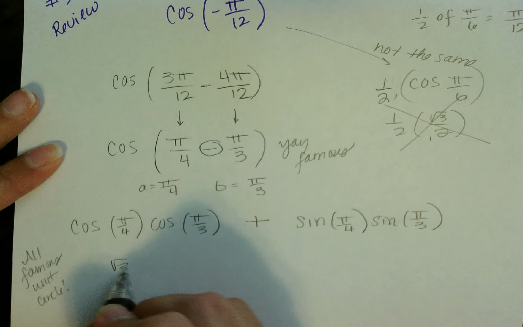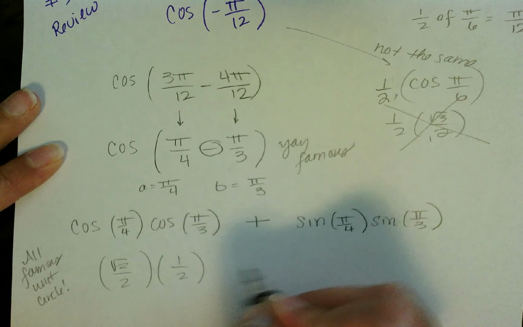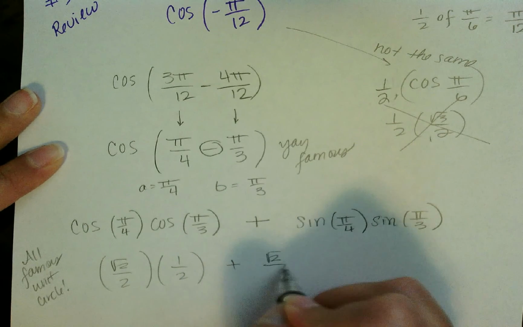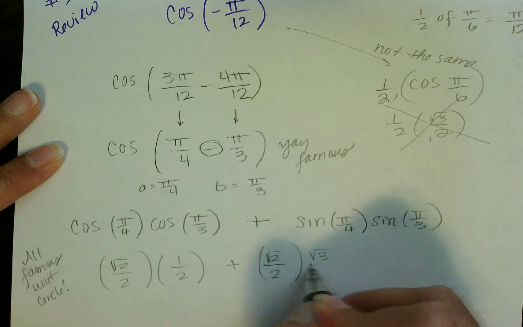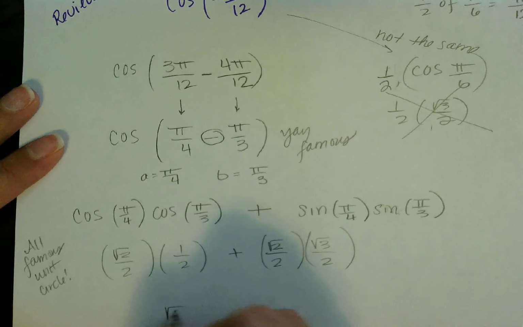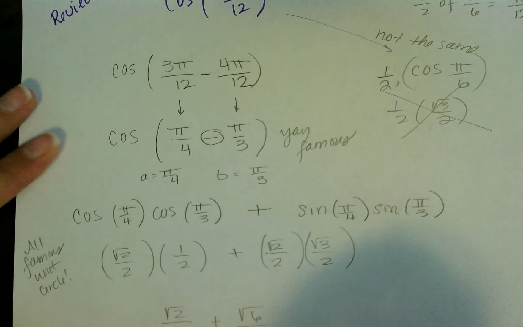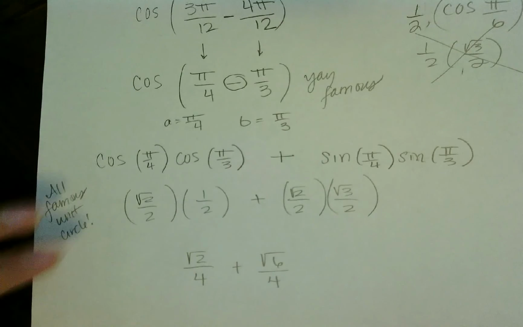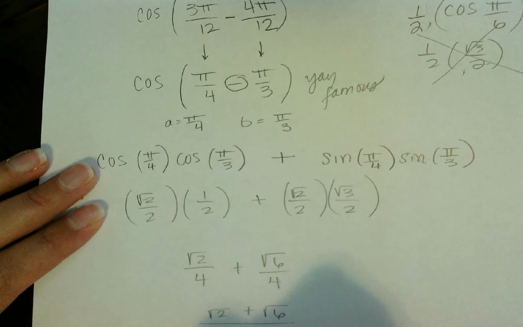So we have square root of 2 over 2 times cosine of pi over 3 is 1/2, plus square root of 2 over 2 times sine of pi over 3 is square root of 3 over 2. So you have square root of 2 over 4 plus square root of 6 over 4, and then add those together, the numerators, all over 4.